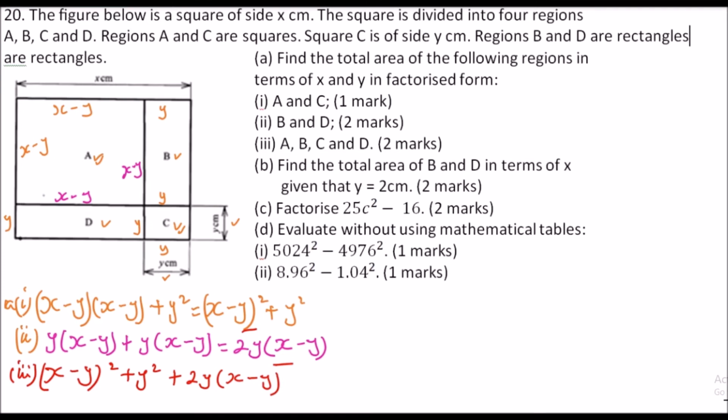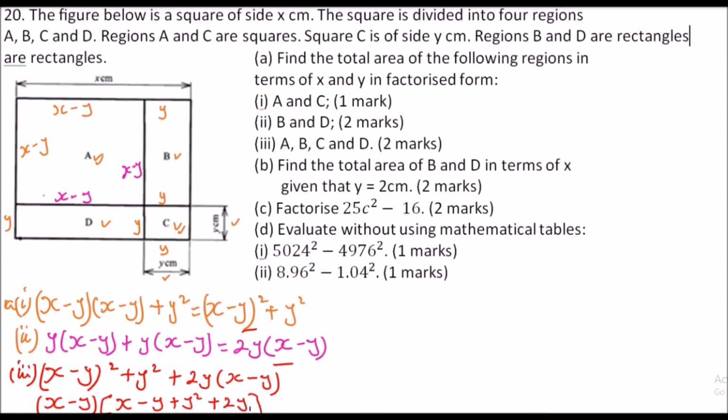Since x minus y is common, we can factor it out, x minus y, one of them. Here you'll be left with x minus y plus y squared, and here you'll be left with plus 2y.